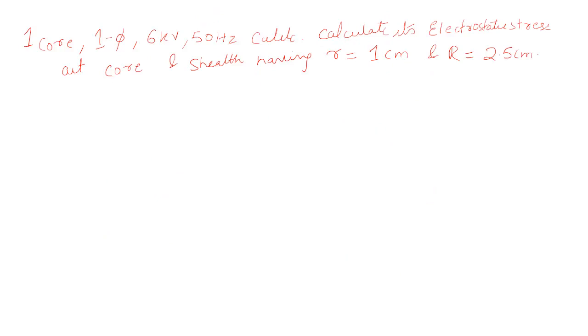So one numerical is that there is one single core cable with single phase supply, and it is a 6 kilovolt 50 hertz cable, and we need to calculate the electrostatic stress at the core and the sheath having radius 1 centimeter, and this is the core radius, and this is 2.5 centimeter.